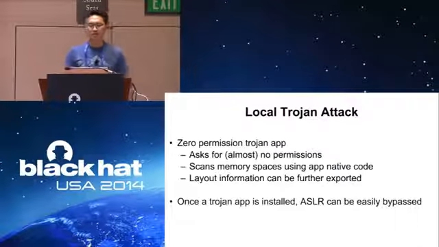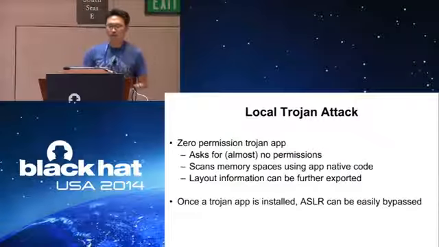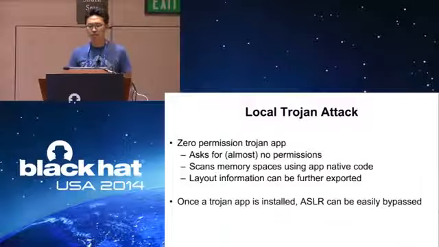Then the layout information can be exported, like using some URI intent, and sent to some other application, or if you have network permission, sent back to some remote server. Once this Trojan app is installed, ASLR can be simply bypassed because you already have the whole information, and that information is valid for as long as the device is not rebooted.